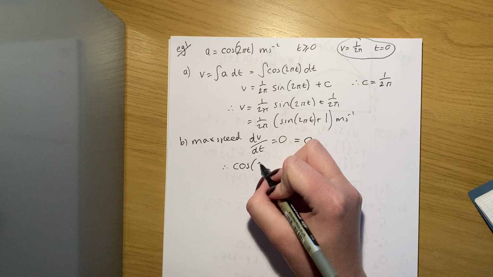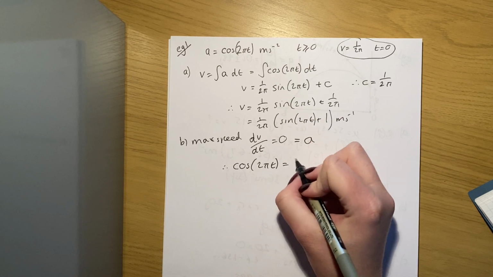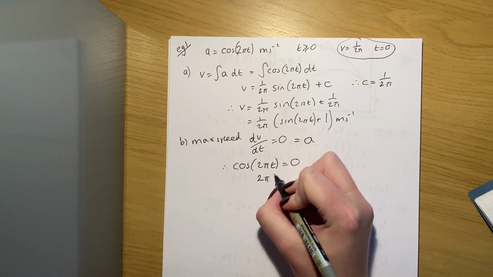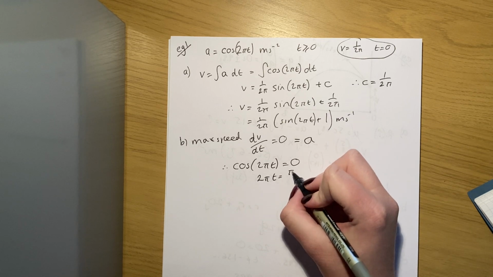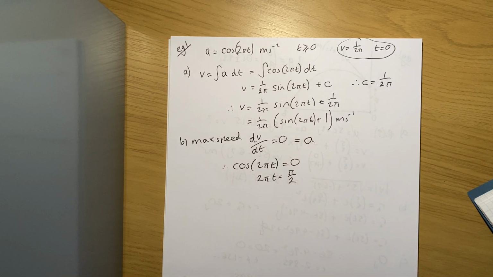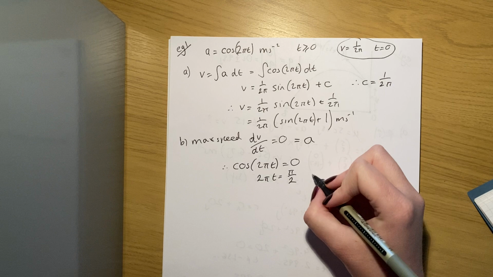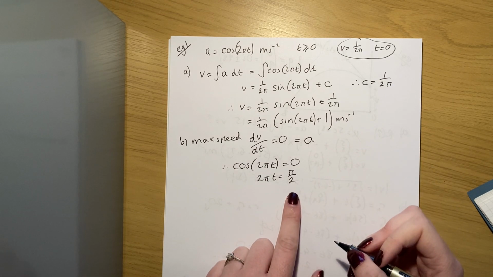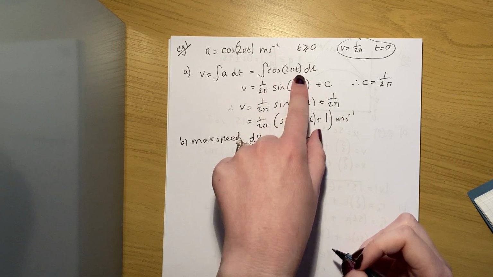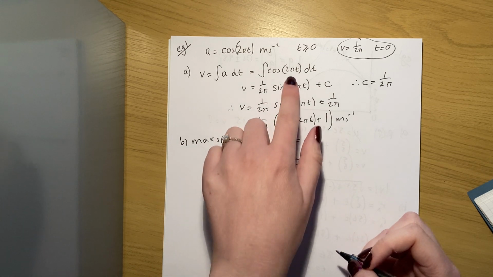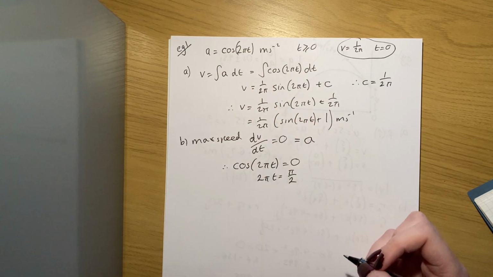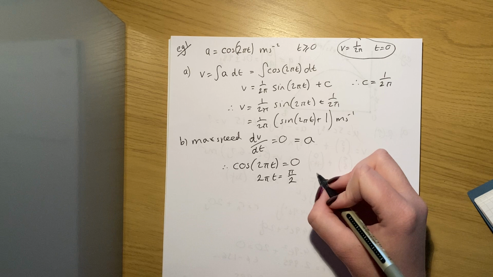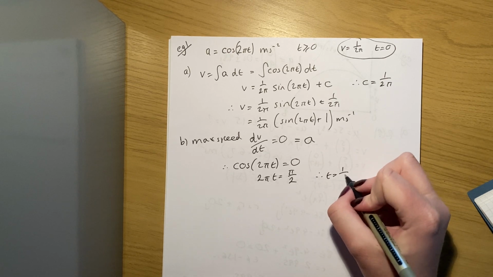So therefore, cos of 2 pi t is equal to 0. 2 pi t is equal to pi over 2, so arc cos of 0 is pi over 2. Obviously, I know that I'm dealing with radians rather than degrees because of the equation that's been set out for me. So, therefore, t is equal to a quarter.